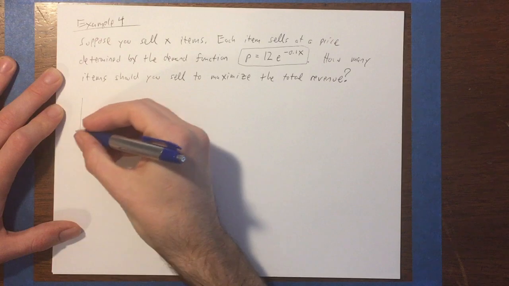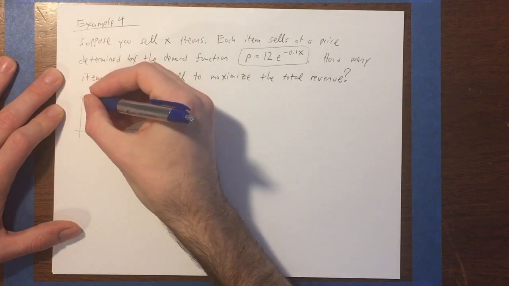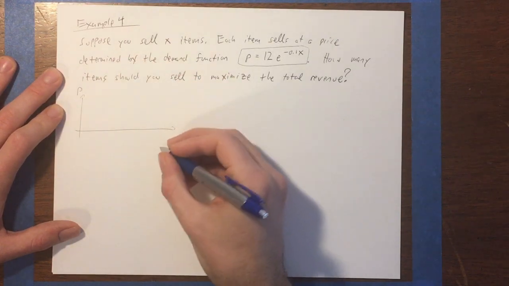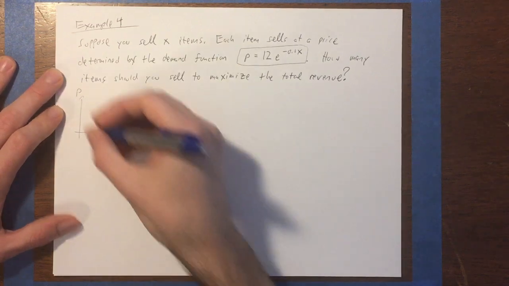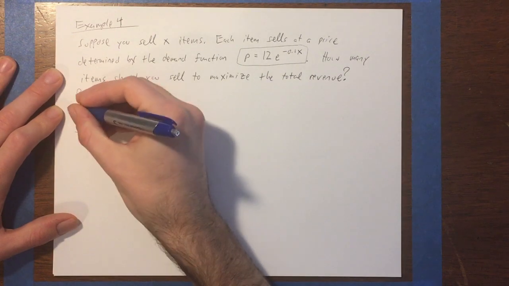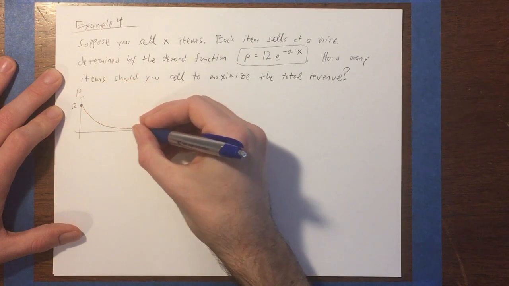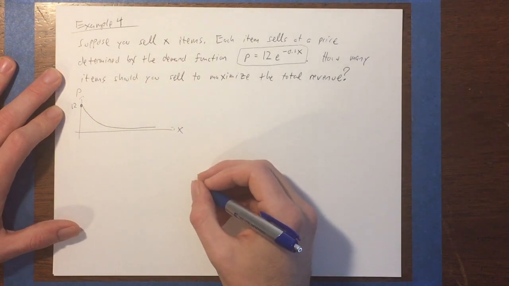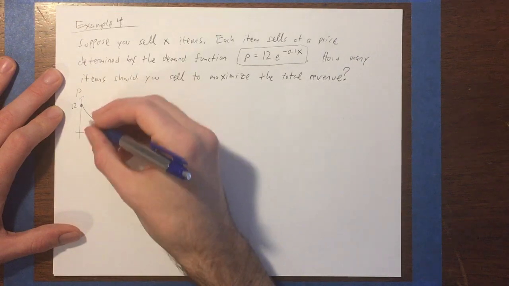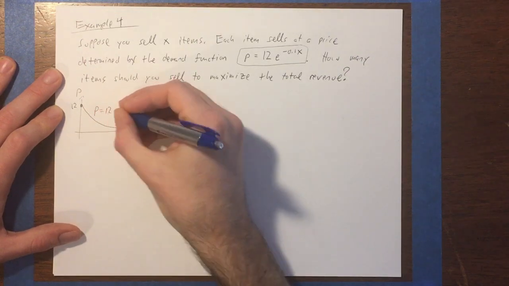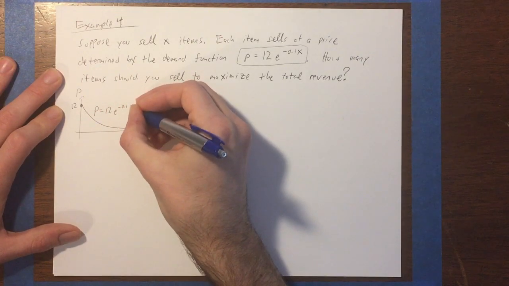So let's just draw what that looks like. This is price versus quantity x. It's going to have an intercept of 12 over here, and then it's going to decay exponentially like that, according to this function, p equals 12 e to the negative 0.1 x.